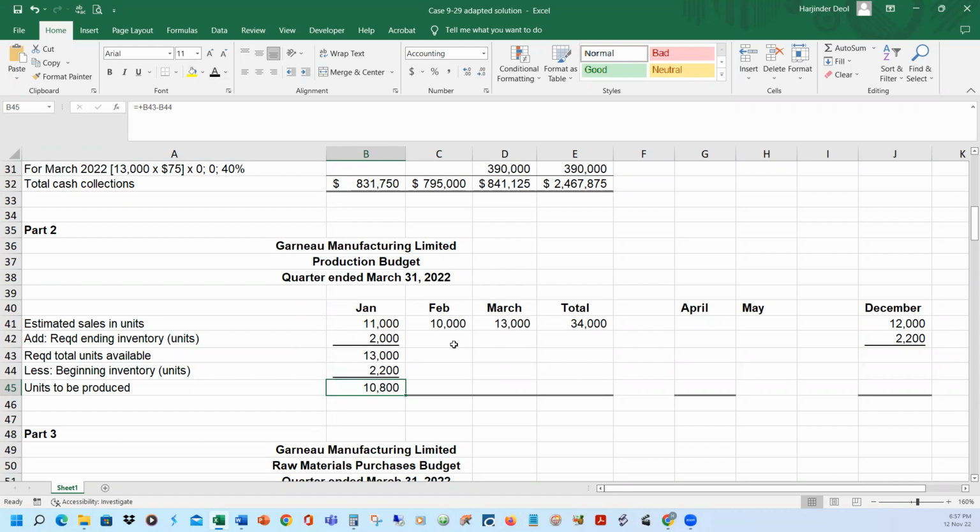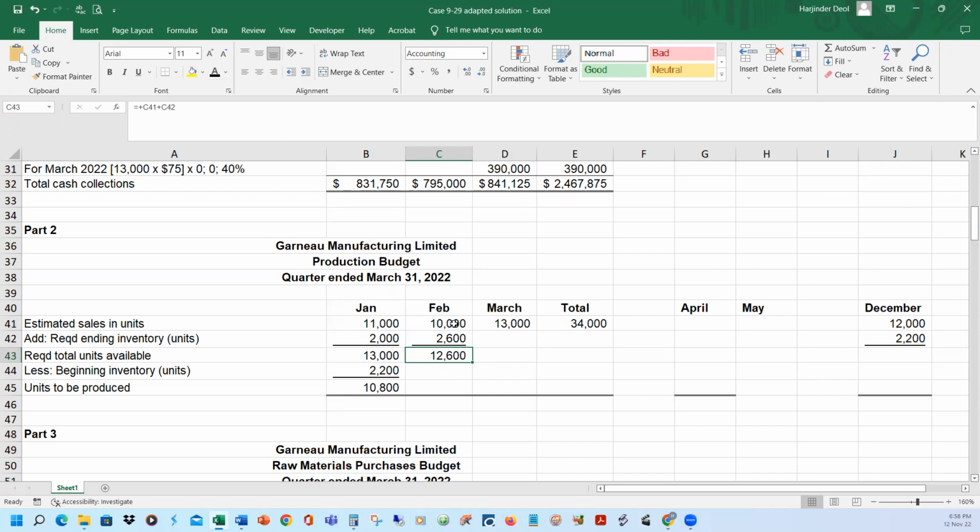If we look at the month of February rather, February, the estimated sales in units is 10,000. We want to maintain an ending inventory equal to 20% of the sales for March. 20% of the sales in March works out to 2,600 units, which gives us a total number of units required, 10,000 to be sold, and 2,600 required ending inventory, 12,600.